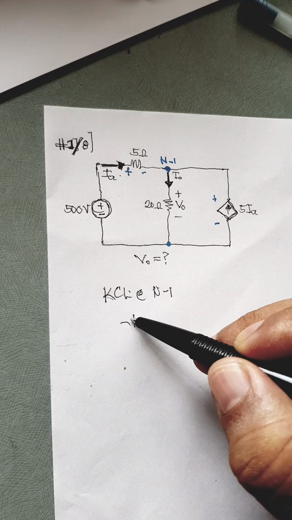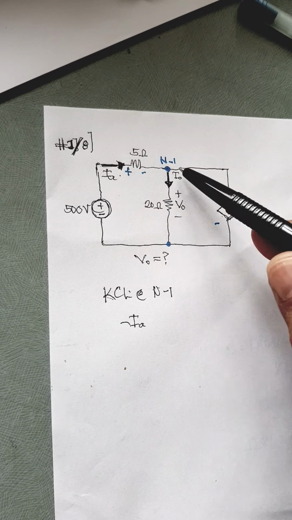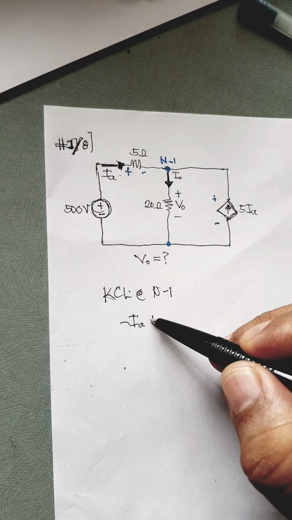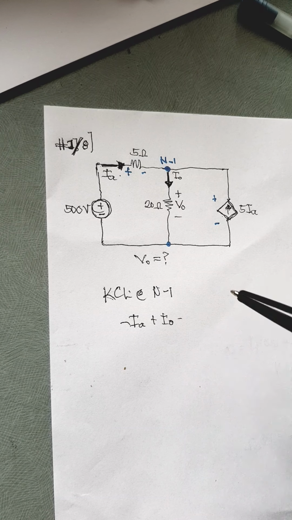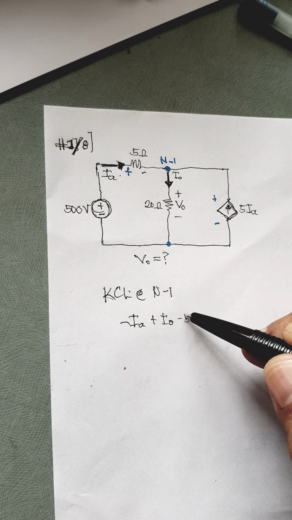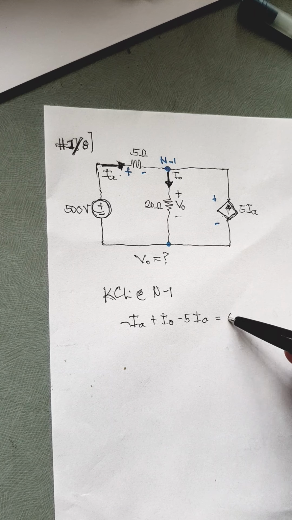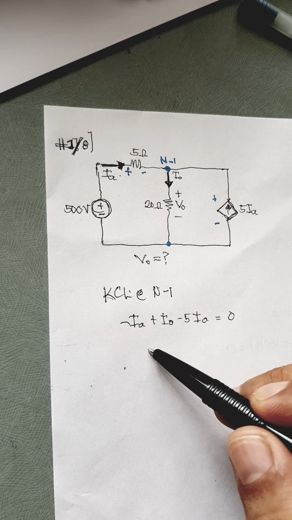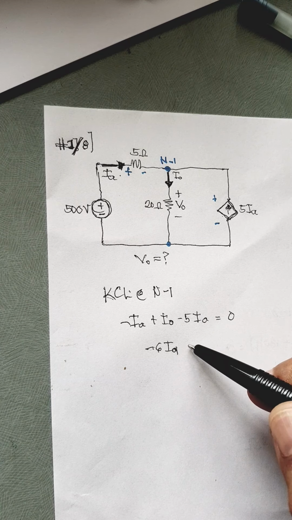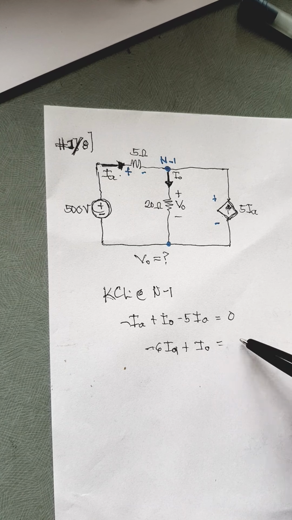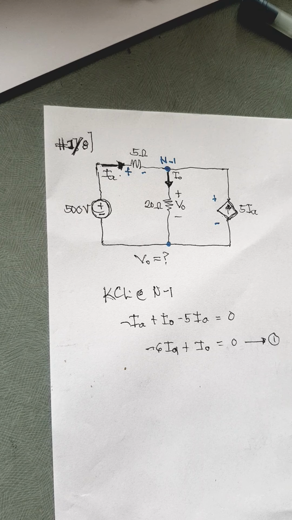So we have negative IA, negative since the current is going towards the node, plus IO, and then 5IA is going towards the node, that's why it's negative, so 5 times IA equals 0. Or simply, this is negative 6IA, combining 5IA and IA, plus IO equals 0. So this is our equation number 1. Since we didn't get anything from that, we need another equation of IA and IO so we can solve for their values.